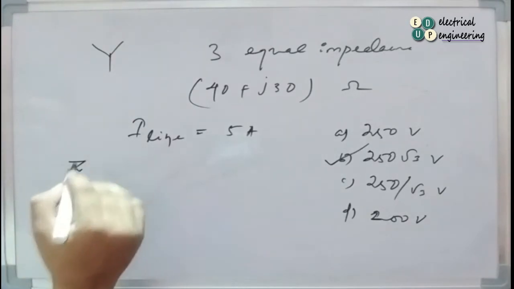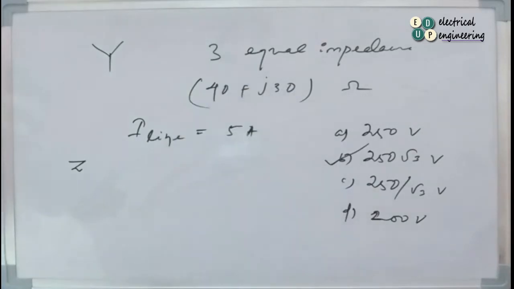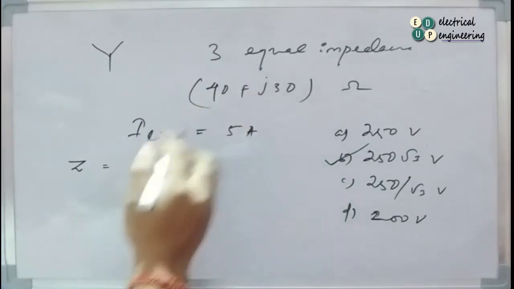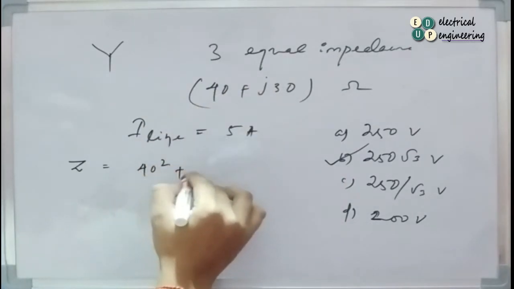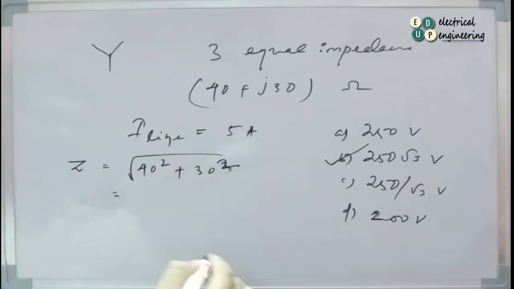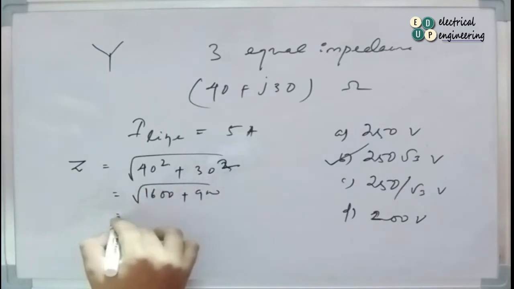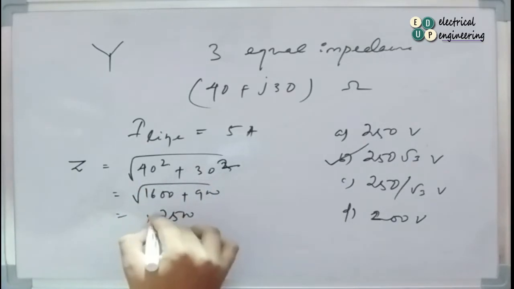So we know the impedance is in complex form. Let us find the resultant impedance. It will be the square root of 40 squared plus 30 squared, that is 1600 plus 900, which is 2500.